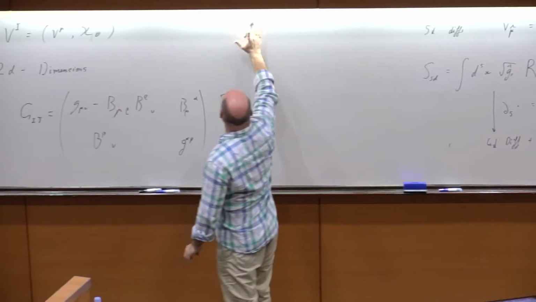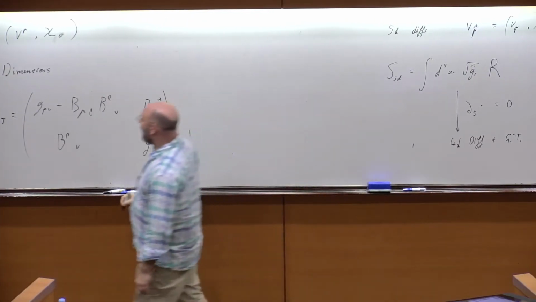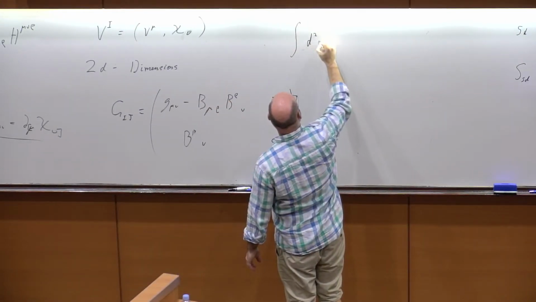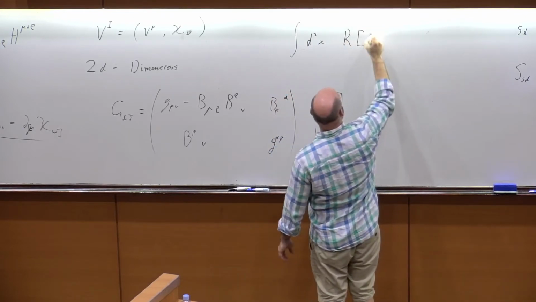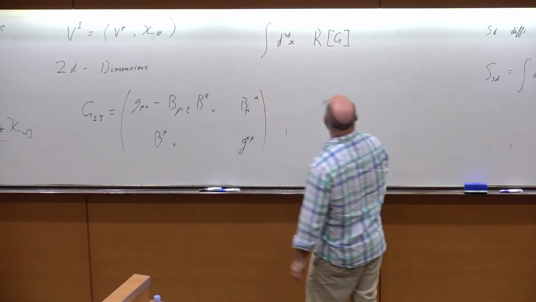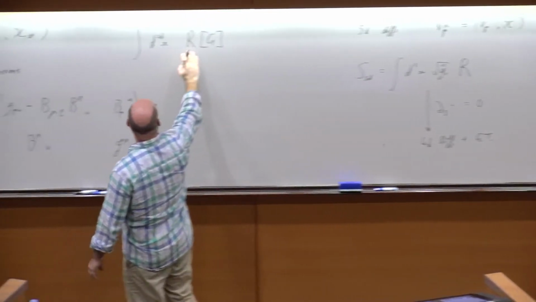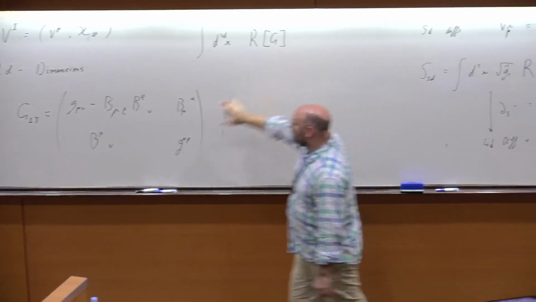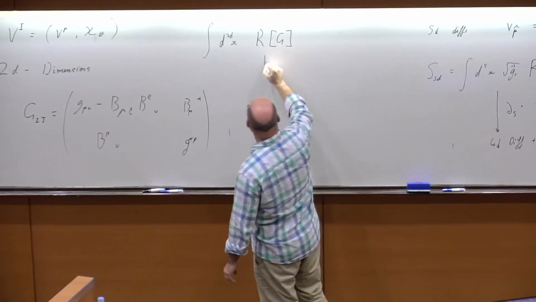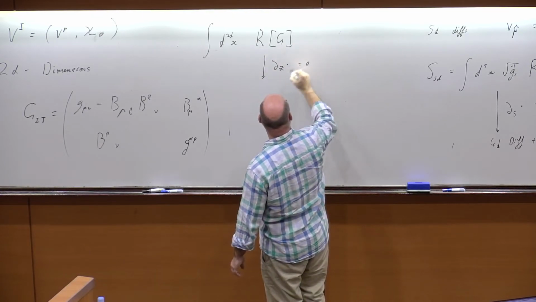So you have this, and you think, well, this is a good guess. And you then take this thing and calculate the Ricci scalar of this object, subject to the constraint that dx tilde equals 0.